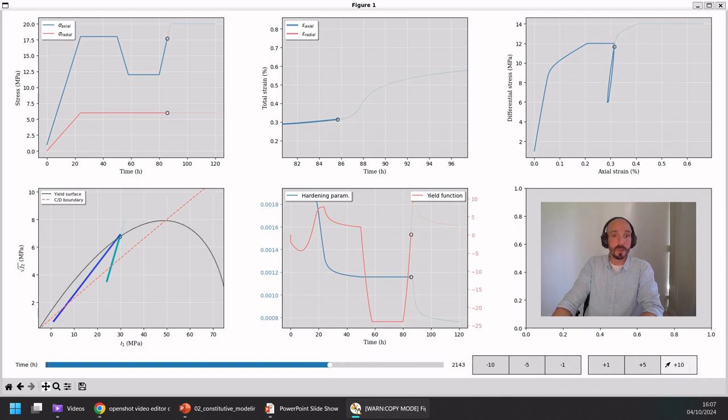You can see that when we increase the stress again, the axial stress, after a certain point, we cross that yield surface, and that triggers additional deformation. You see the yield function becoming positive, and now the hardening parameter will drop again, which makes the yield surface grow. And we see the jump here because now we have viscoplastic deformation.